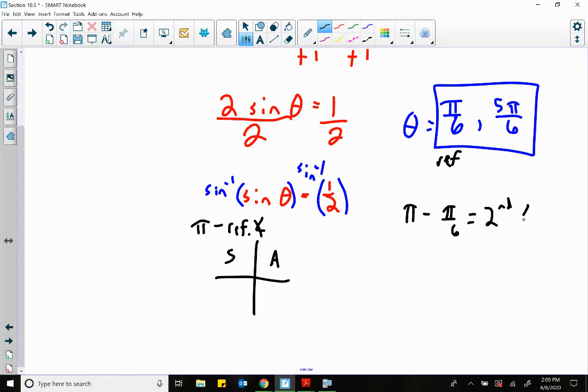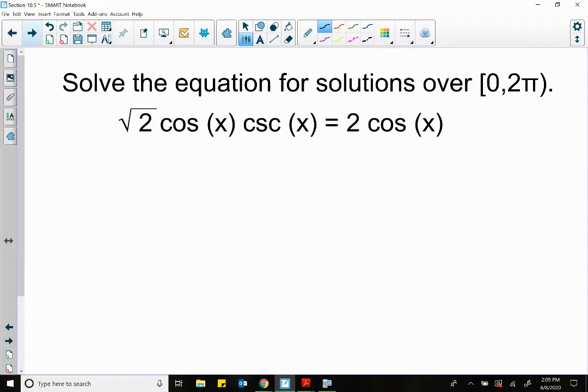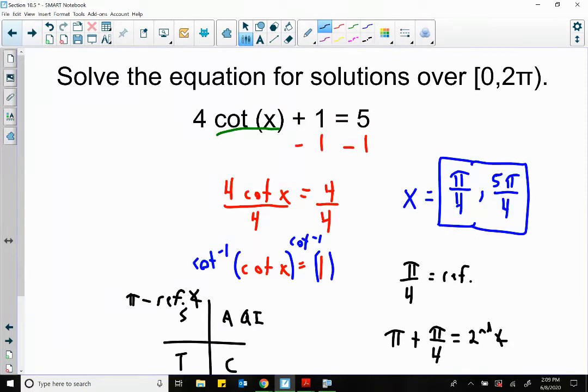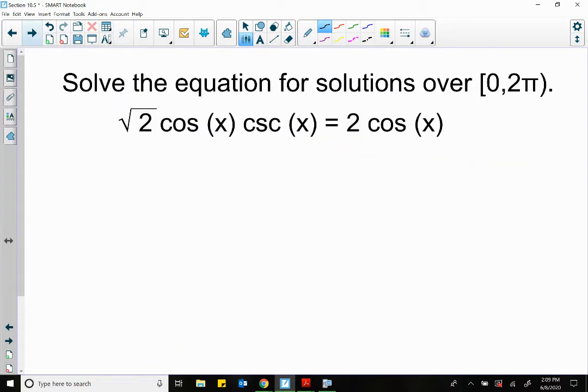It's all about using the reference angle and the sign you're looking at to find the other angle, because there are two positions in a circle where sine is positive, quadrant 1 and quadrant 2, and two places in a 360-degree rotation where cotangent is positive, quadrant 1 and quadrant 3.